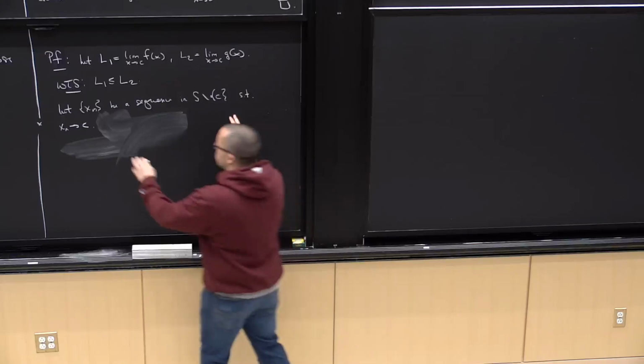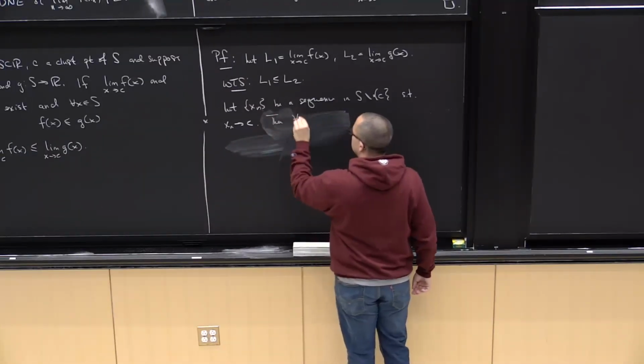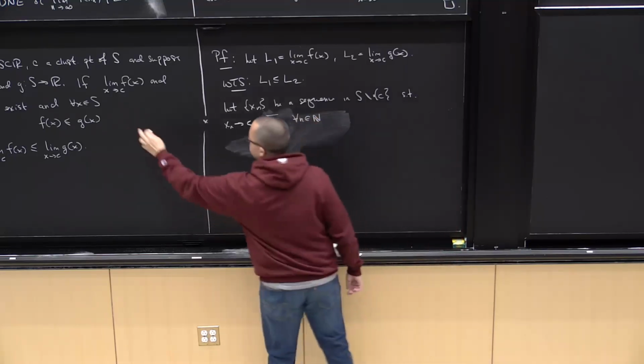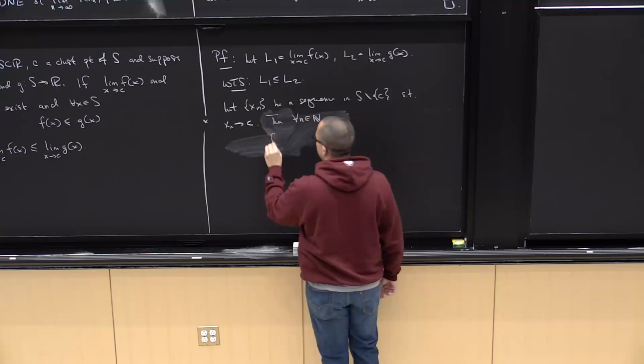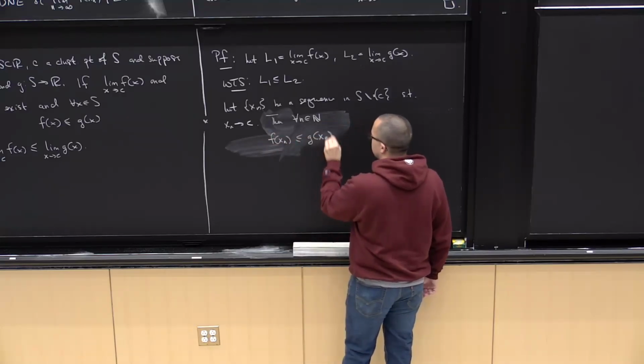So now we have the sequence converging to c. Then by the assumption here, for all n, f of x sub n is less than or equal to g of x sub n.